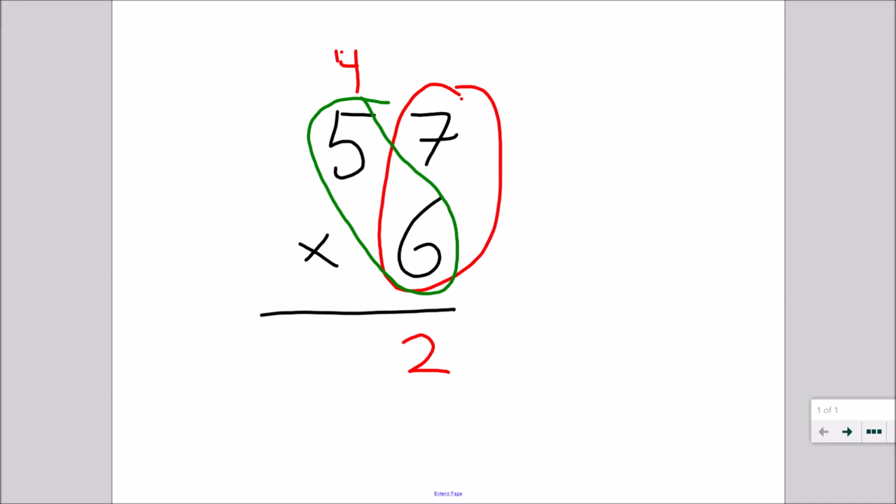I set aside 4 tens before, so I need to add those back on now. 30 tens and 4 tens is 34 tens. Now that I have that, I can write them down below, which gives me my whole total of 34 tens and 2 ones, or 342.